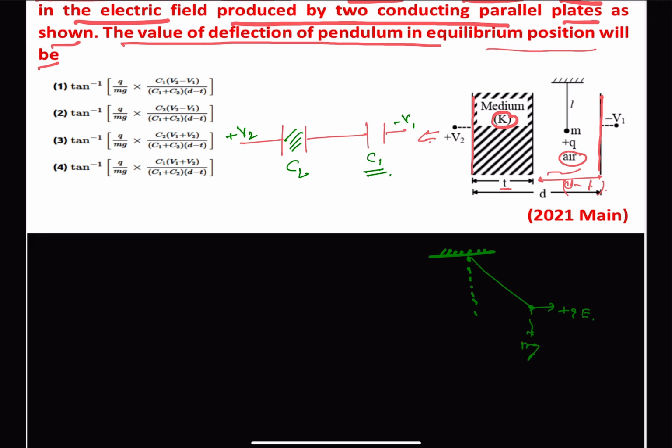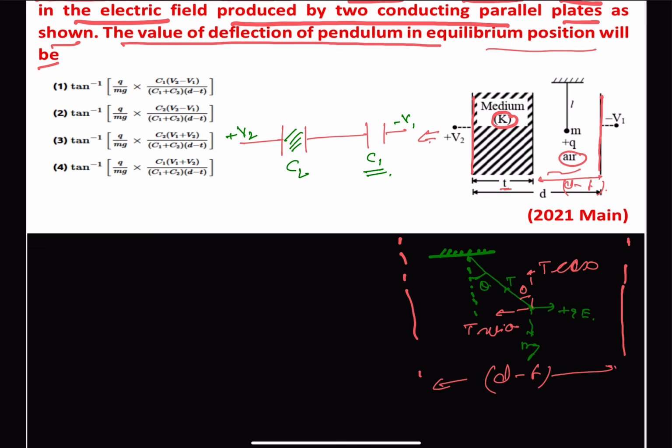Let us suppose this angle is theta, which we are supposed to find. This T we can divide into two components: T cos theta and T sin theta. This entire setup is within the distance D minus T, which we called C1.